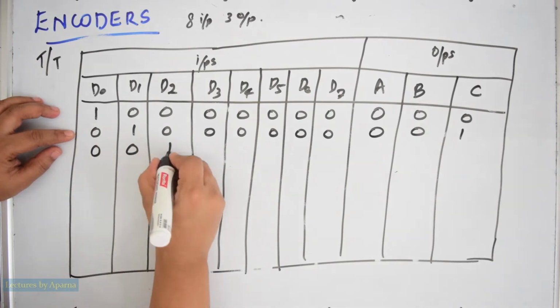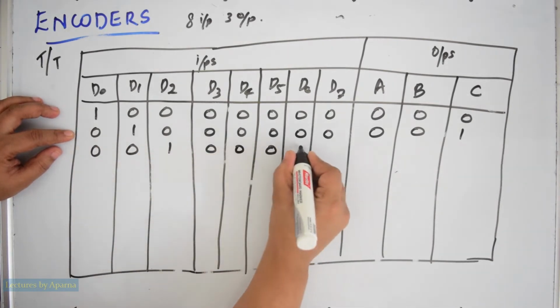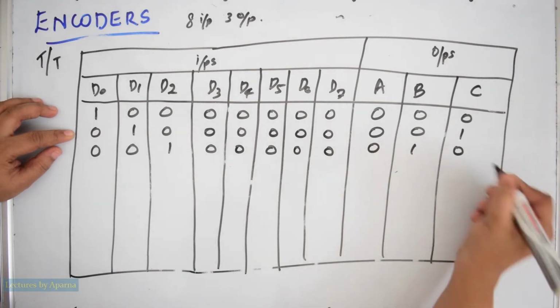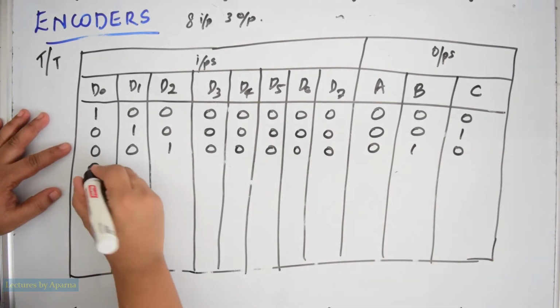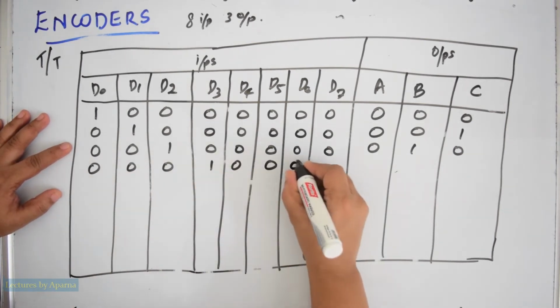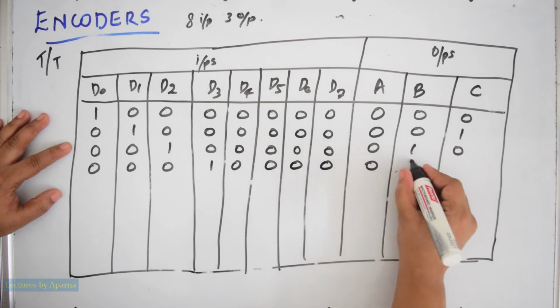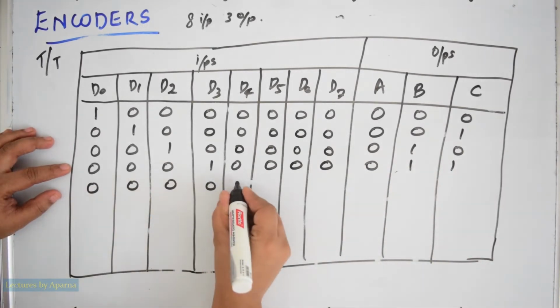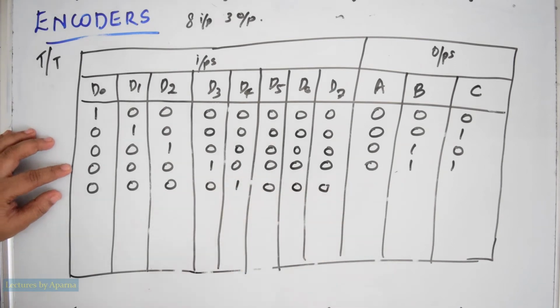Next is 0, 0, 1, 0, 0, 0, 0, 0. The next code word will be 0, 1, 0. Next is 0, 0, 0, 1, 0, 0, 0, 0. In that case, it will be 0, 1, 1. Next is 0, 0, 0, 0, 1, 0, 0, 0.